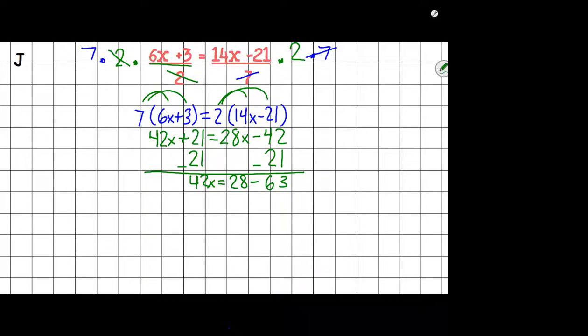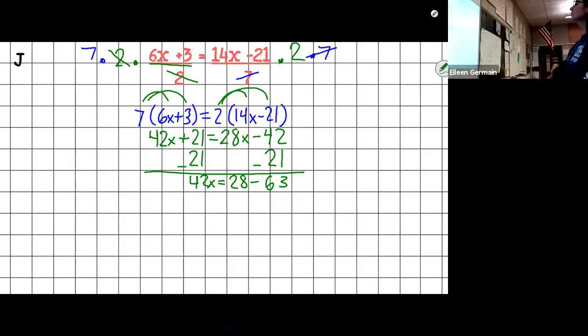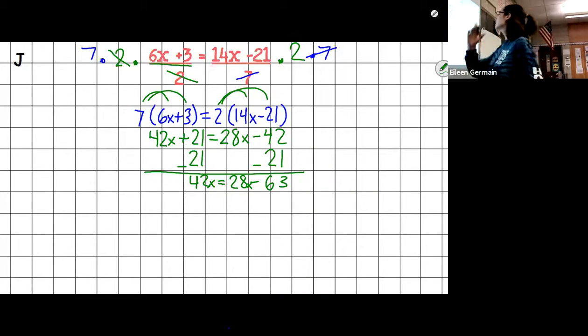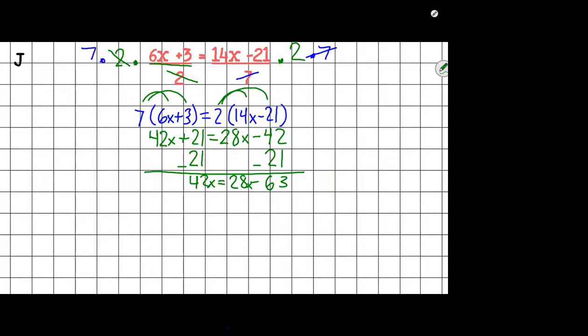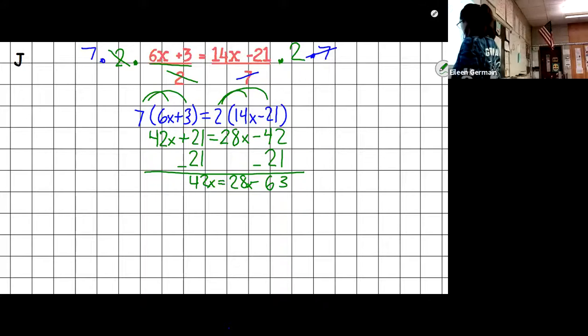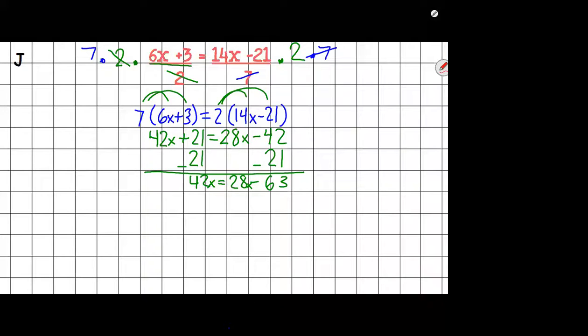Now, what would I get here? I'm not sure. So we, oh wait, I forgot this x here. So we got our constants to the right side. So now we need to get our x's to the left side. So then how would I move this 28x here, Junior? Subtract. Very good.